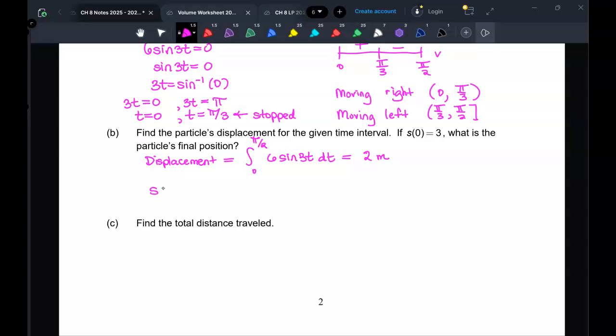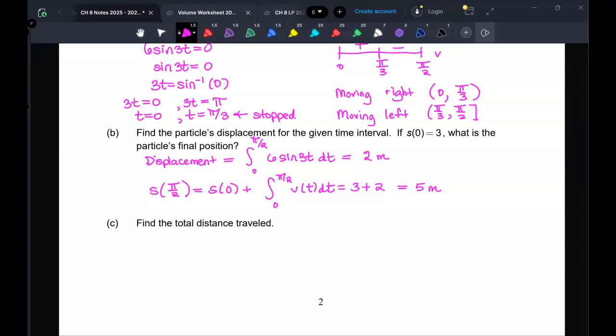And we want to find the final position, so we want at pi over 2. So the position at pi over 2, we take the initial plus that displacement. So that's just going to be 3 plus 2. Good.